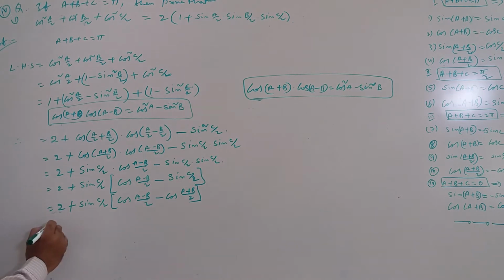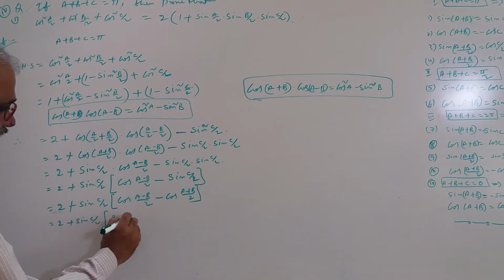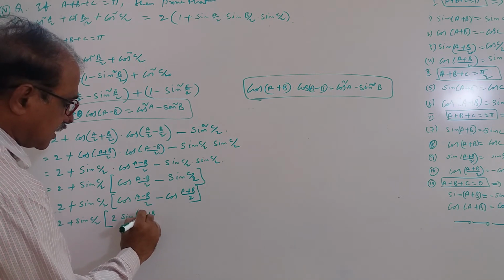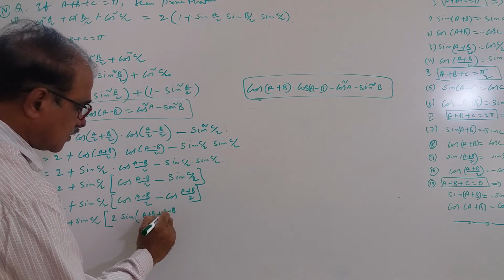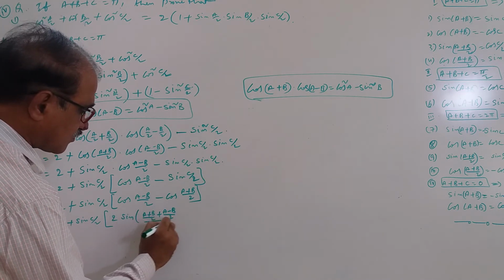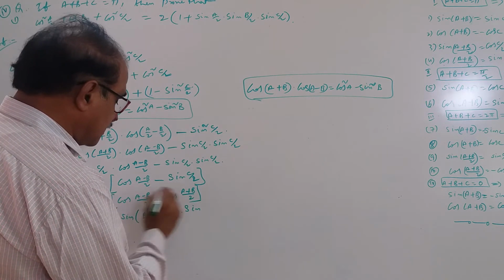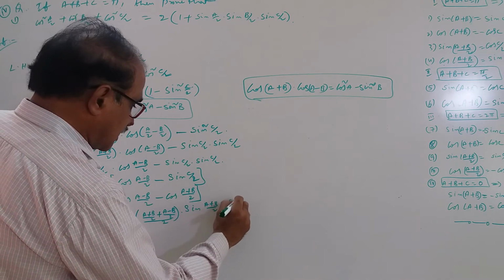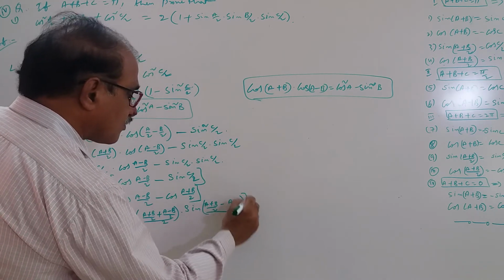Cos c minus cos d is nothing but 2 plus sin c by 2 into 2 sin of (c plus d) by 2, that means a plus b by 2 plus a minus b by 2 whole divided by 2, into again sin of (d minus c) by 2, that means a plus b by 2 minus a minus b by 2 whole divided by 2.